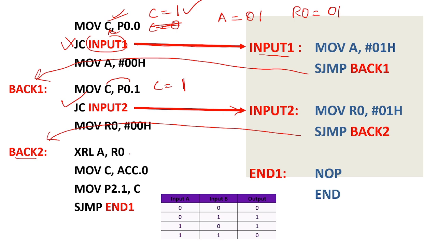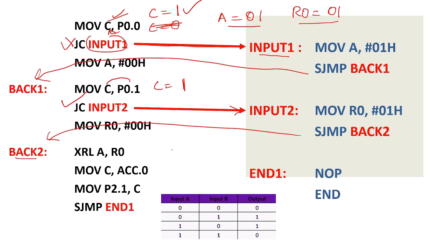Now you need to perform the XOR operation, a logical operation between A and R0. You know that A holds the value of 01, R0 holds the value of 01. Now you need to perform the logic. You know that it's a byte oriented instruction.